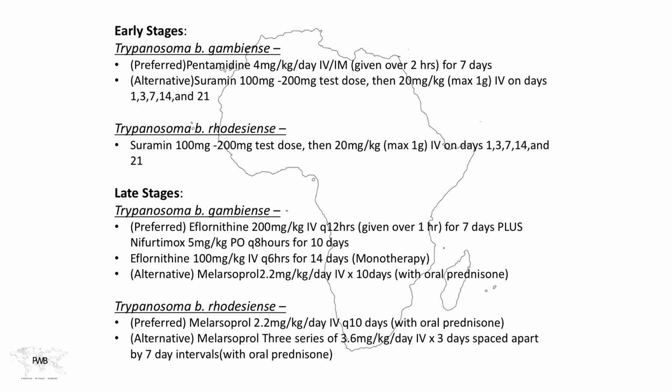Now, as far as late stages, Trypanosoma gambiense, the preferred is actually a combination of eflornithine and nifurtimox. Okay. Now, in some cases, eflornithine can be given as monotherapy, and an alternative is to use melarsoprol.